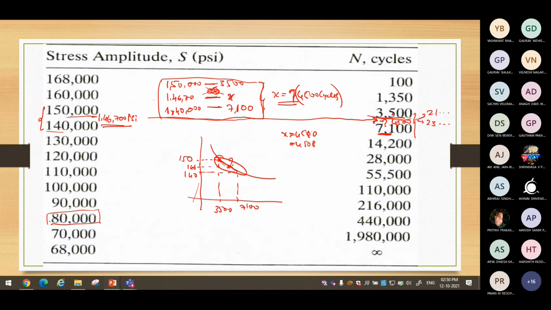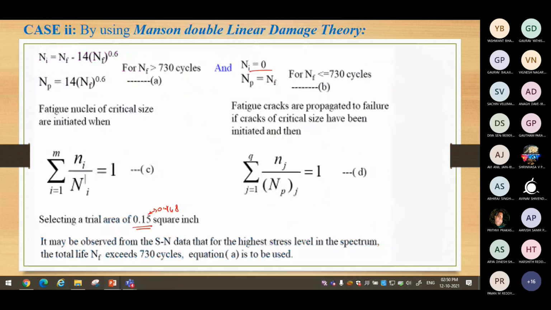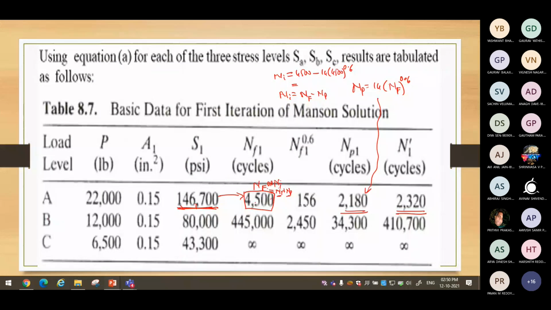That breakup is what we have obtained. Is the concept clear? See here, 14 is not multiplied to this value. That is why you have to multiply this value with 14 for the cycles to propagation.